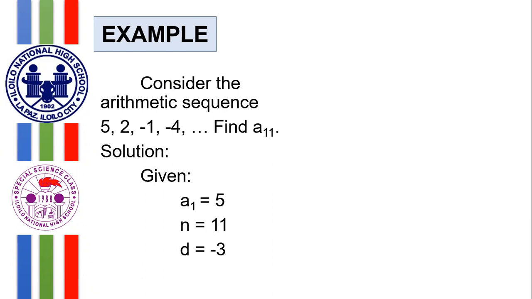Your common difference is -3 because 2 minus 5 is -3, -1 minus 2 is -3, and -4 minus -1 will become -4 plus 1, which is -3 as well. Since these three were given, we can now solve for the 11th term.